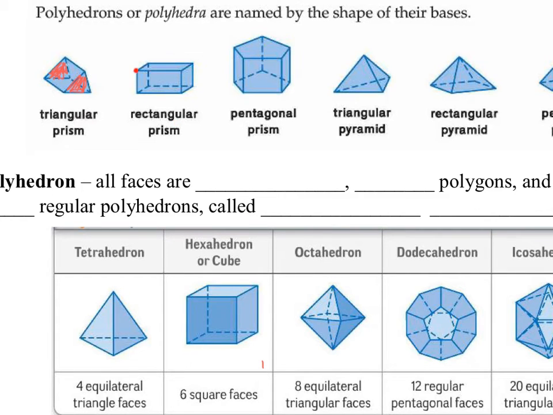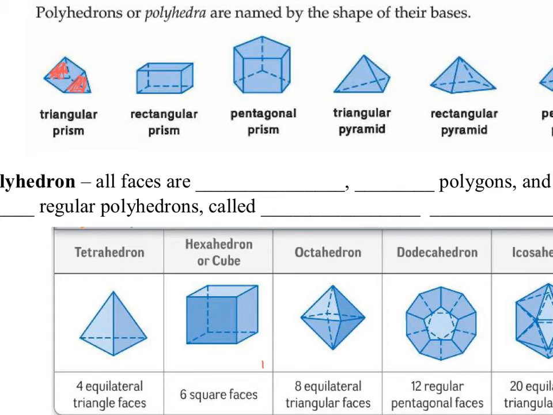Now the thing about rectangular prisms is we can call the top and the bottom the bases, or the bases could be the left side and the right side, or even the front and the back. So with a rectangular prism, you just need to pick two congruent parallel bases and call those the bases, and the other rectangles would be called the faces.